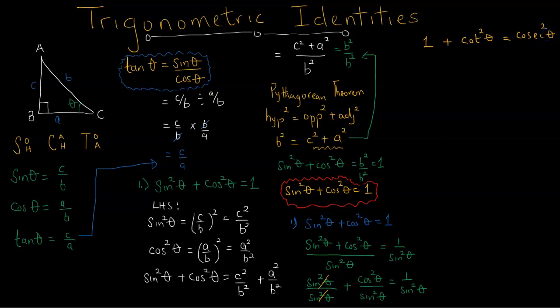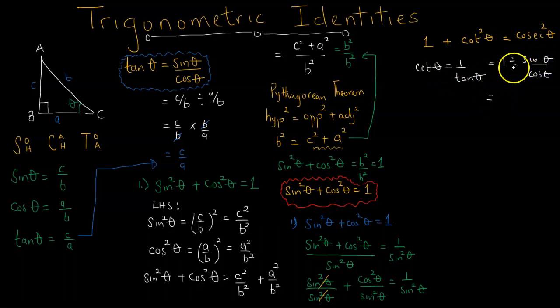How did I come about all of this? From our previous video, we found that cot theta is equal to 1 over tan theta. And since tan theta is sine theta over cos theta, 1 over tan theta can be written as 1 divided by sine theta over cos theta.